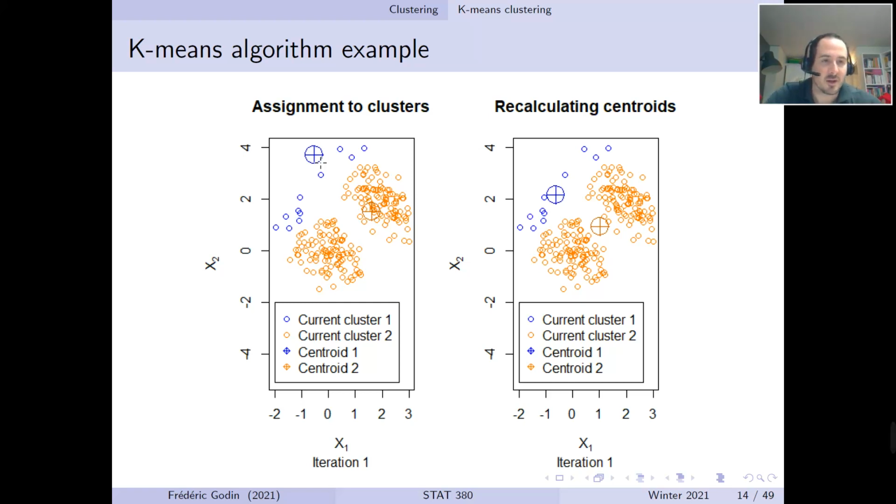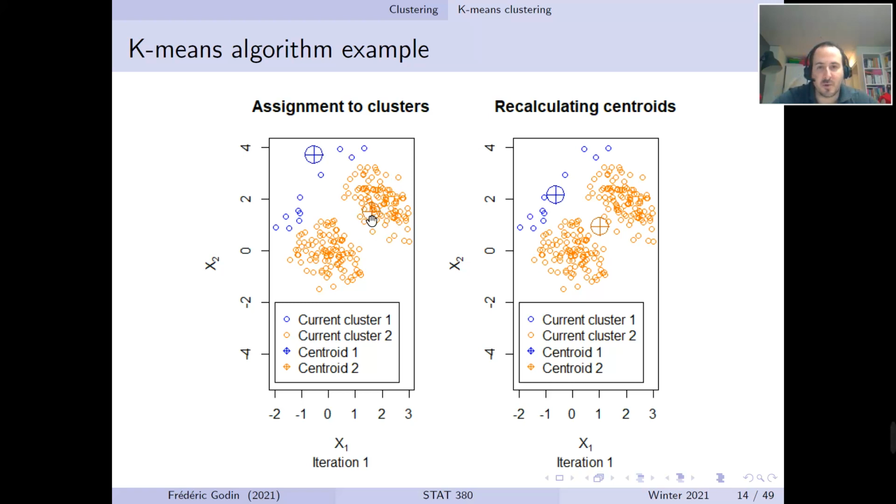Please note the blue and orange are not the response variables in the data set. They're just used to represent points assigned to cluster 1 in blue and points assigned to cluster 2 in orange.